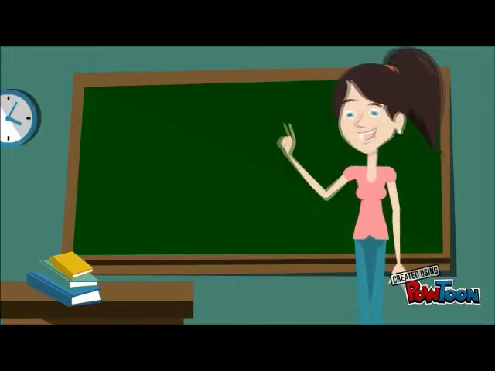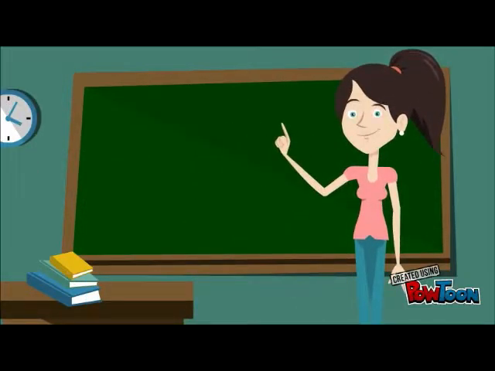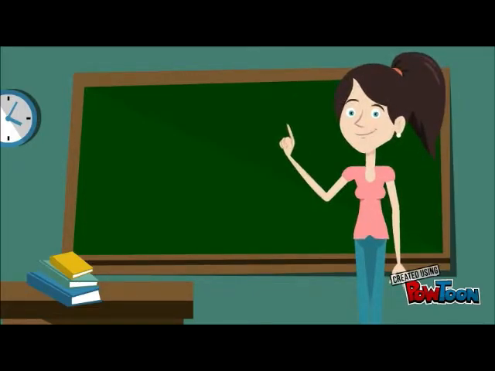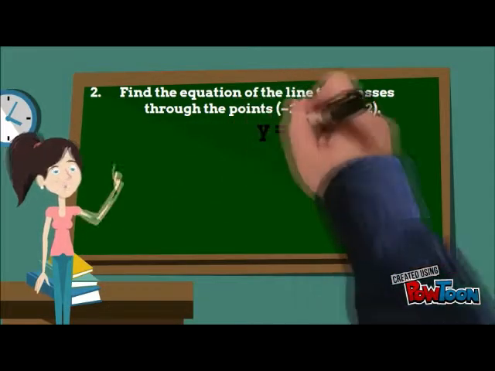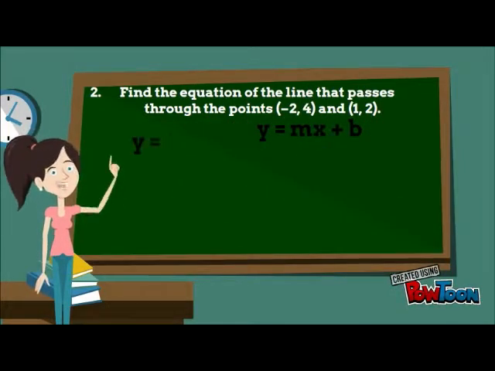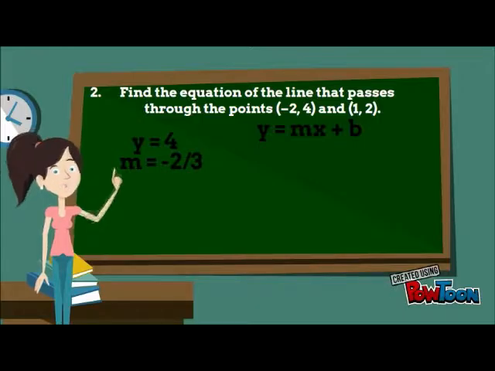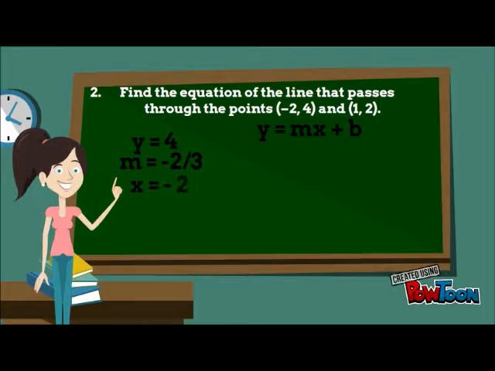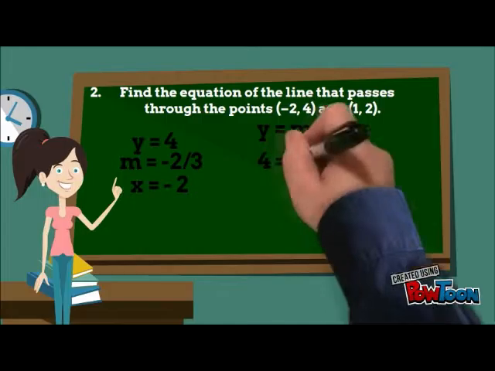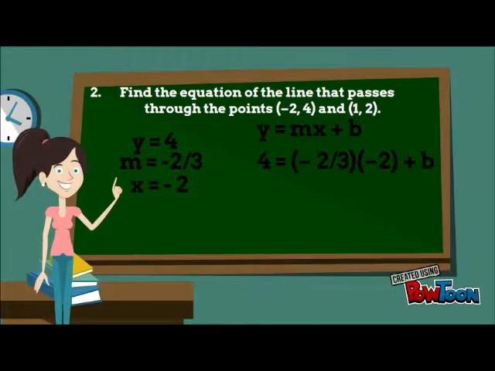Now, I have the slope and 2 points. I know I can find the equation if I have a point and the slope, so I need to pick one of the points and use it to solve for b. Using the point negative 2, 4, I get y equals mx plus b, or y equals 4, m equals negative 2/3, x equals negative 2. 4 equals negative 2/3 times negative 2 plus b. 4 equals 4 over 3 plus b.